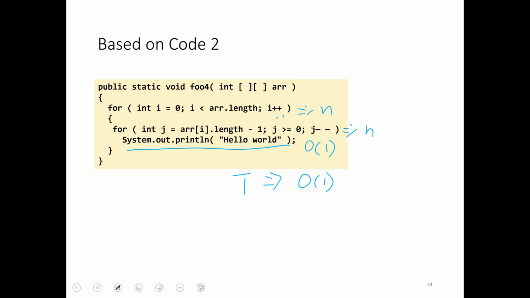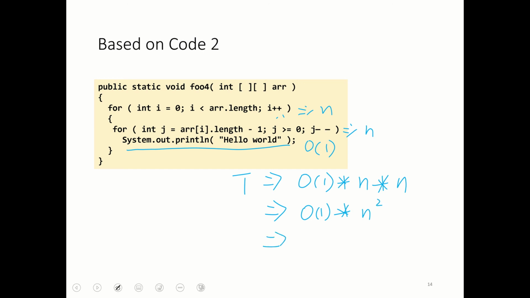big O(1) times n times n. This gives us big O(1) times n squared.